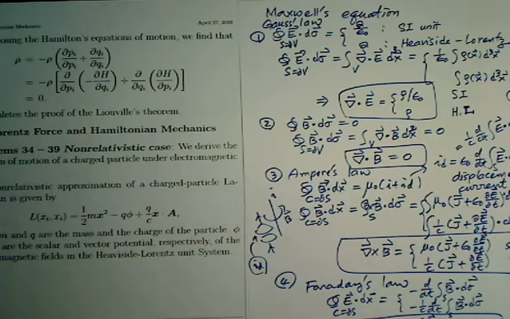At the end of the day, the equation of motion will be derived. You will find that in both the non-relativistic and relativistic cases, the equation of motion is exactly the same as the Lorentz force. That is, for charge Q under electromagnetic fields E and B, it is Q E plus Q V cross B, something like that. All right.